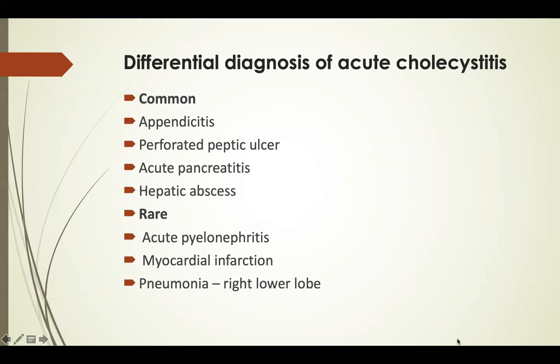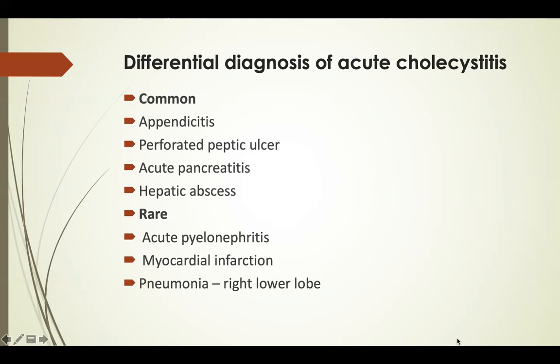Suppose, forget about the right side, you are asked about the differential diagnosis of the left hypochondrium. What structures are there? There is the stomach, the spleen, the splenic flexure of the colon, and the left kidney. So you can give them pathological names, like splenic abscess can give you pain at that area, and splenic rupture can give rise to pain at that area.